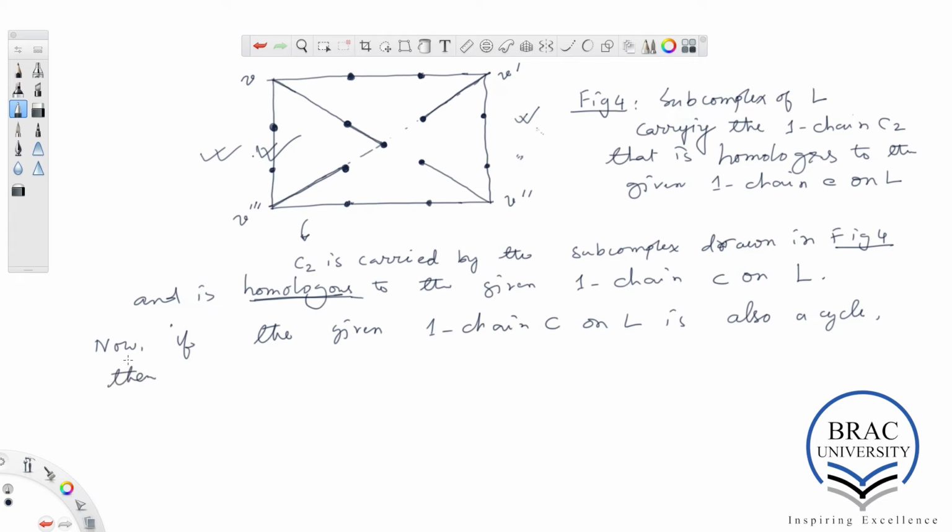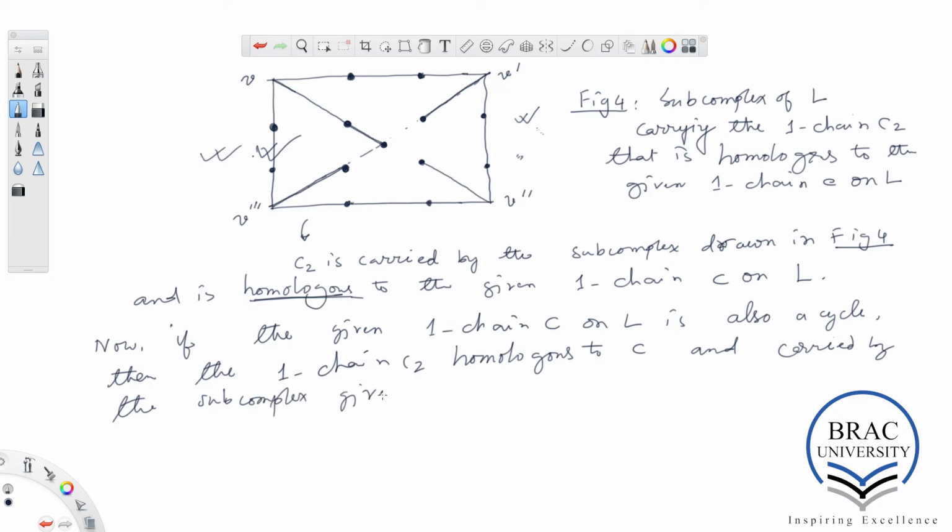Then since they are homologous, the one chain C2 homologous to C and carried by the subcomplex drawn in figure V4 is also one cycle, right?